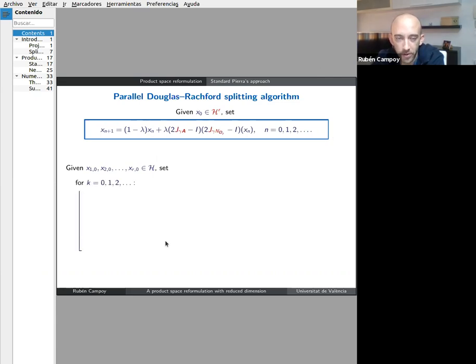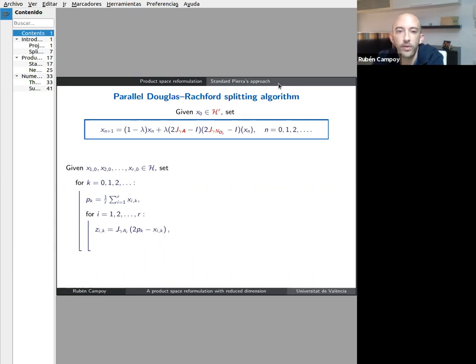And now for the iteration, the first step is computing this resolvent. This is the projection onto the diagonal, so we compute it. Now we consider the reflection, and this reflection is computed here, in the resolvent of the product operator. But we saw that this is computed component-wise. So for all i from 1 to R, we compute the reflection, compute the resolvent of the operator, and store it.